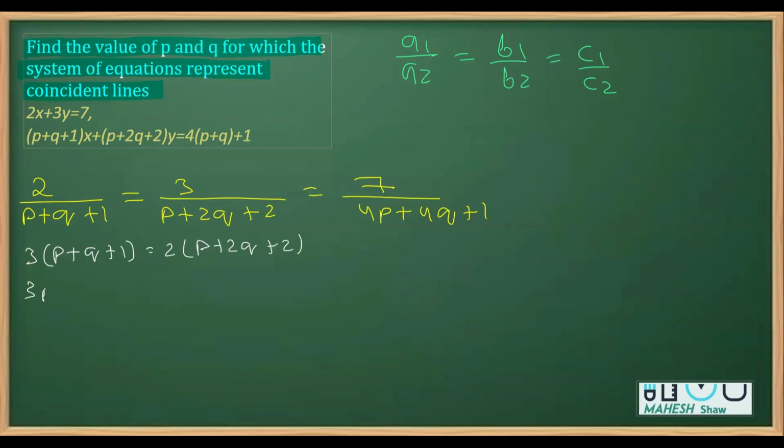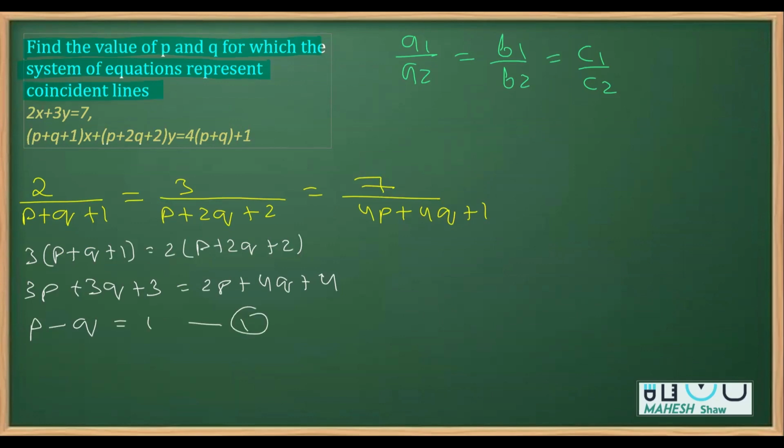Now, if I open this bracket, this is what, 3p plus 3 times q plus 3 into 1 is 3. The other side it is 2p plus 2 into 2, that is 4q plus 2 into 2, that is 4. Keeping p on the same side, 3p minus 2p should give you how much? p only. And 3q minus 4q will give you minus q. This is minus q. I'm transposing 3 to the other side. So it's 4 minus 3, that is equal to 1.